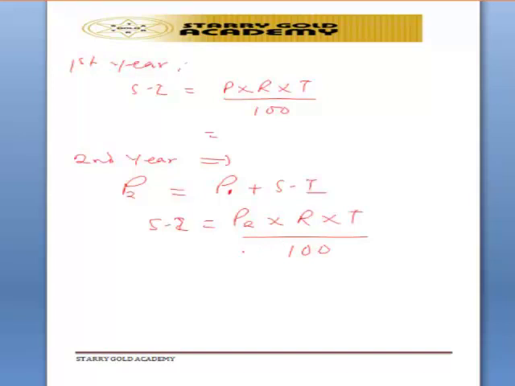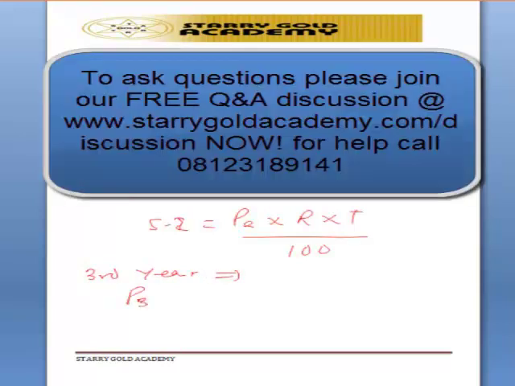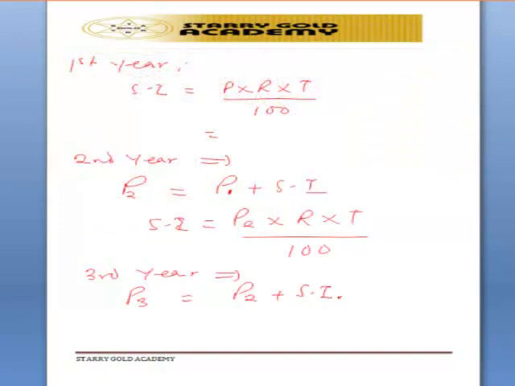So for the third year, P3, the principal in year 3, is equal to principal in year 2 plus simple interest in year 2.